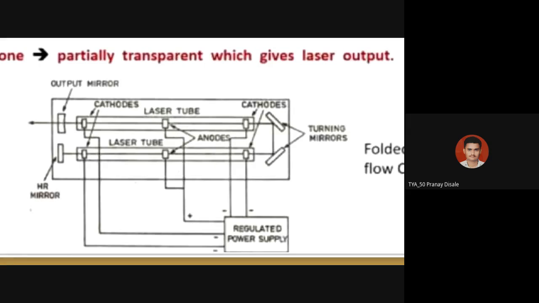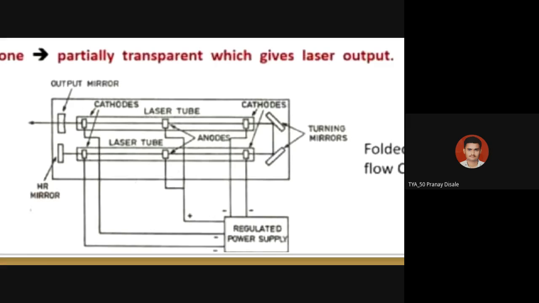So here you can see this output mirror at one end, which is partially transparent. Through this partially transparent mirror, the photons come outside as a laser beam, but these other mirrors are highly reflective mirrors.